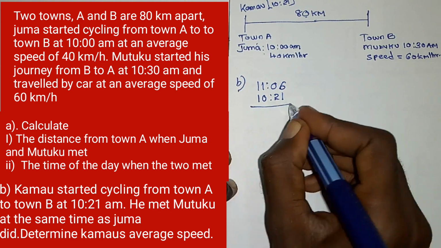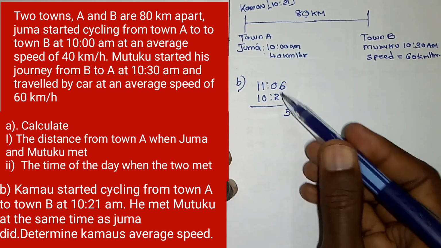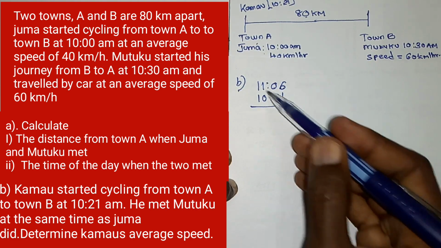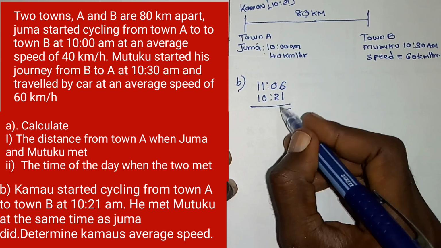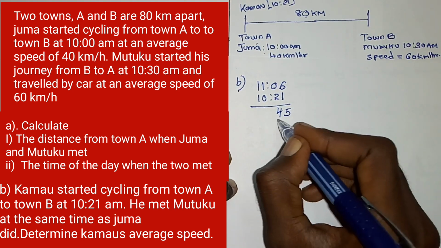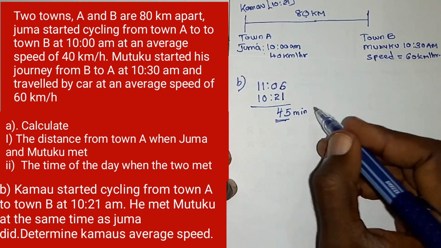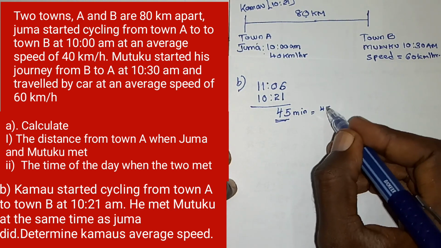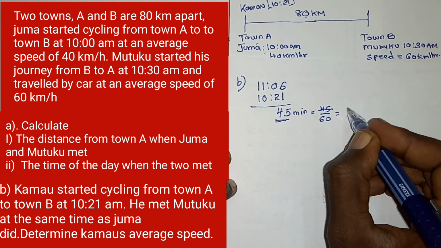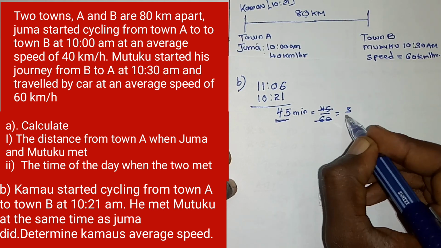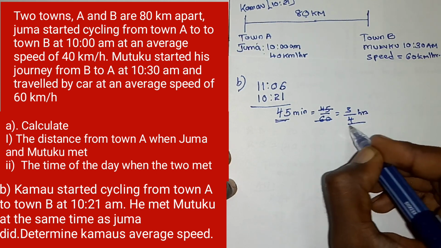We get 6 minus 1 is 5; 0 minus 2 is impossible, so we borrow from the 1, which gives 60, and 60 minus 2 gives 4. This is 45 minutes. If we change it to hours, it is 45 out of 60, which simplifies to 3 out of 4 hours.